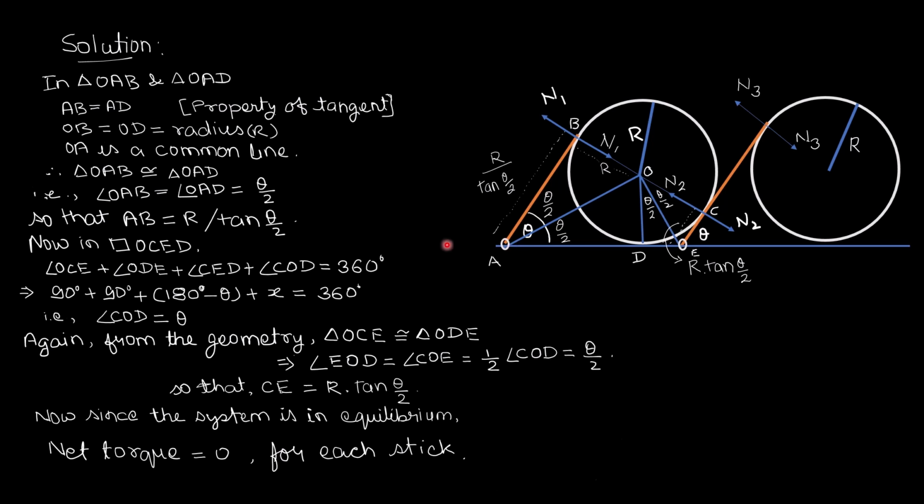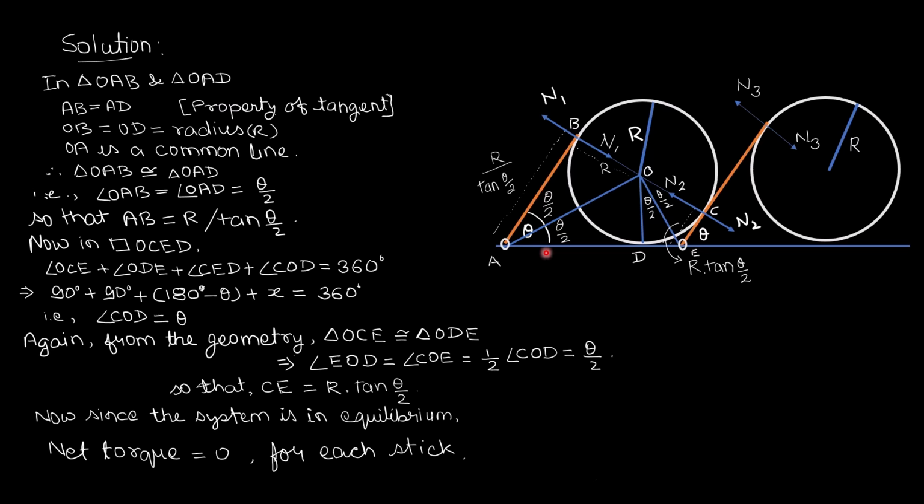So we can say that triangle OAB and triangle OAD are congruent. It means angle BAO is equal to angle OAD, which is half of angle BAD, that is theta by 2. So the length AB in triangle OAB is equal to r by tan theta by 2.